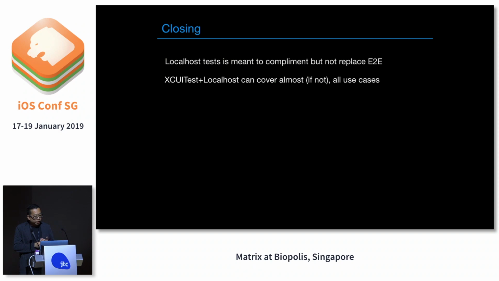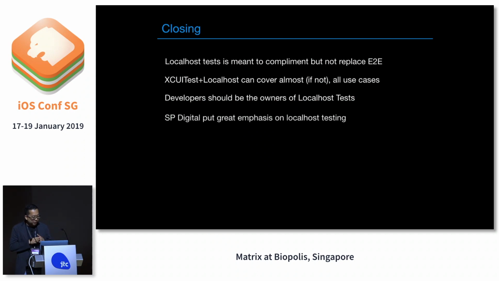UITest with localhost can cover almost, if not all, cases. Here, developers should be the owners of the localhost test, because only developers are aware of the API details and schema that the app uses. So here at SP Digital, we put great emphasis on localhost testing. It simply took me a few hours to create one localhost test and a simple POC, proof of concept.